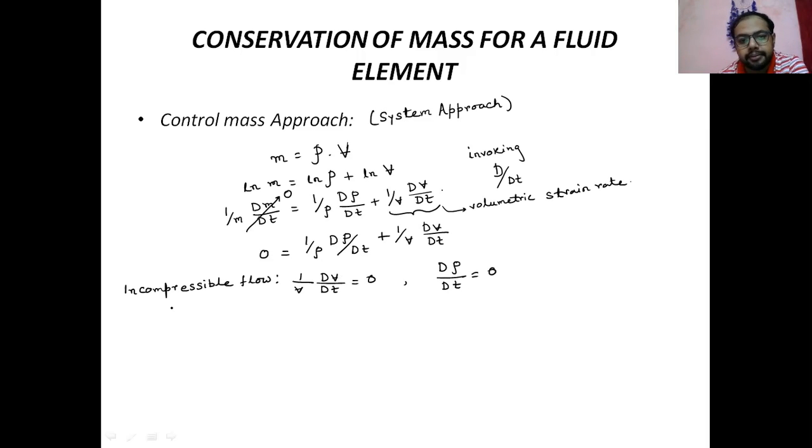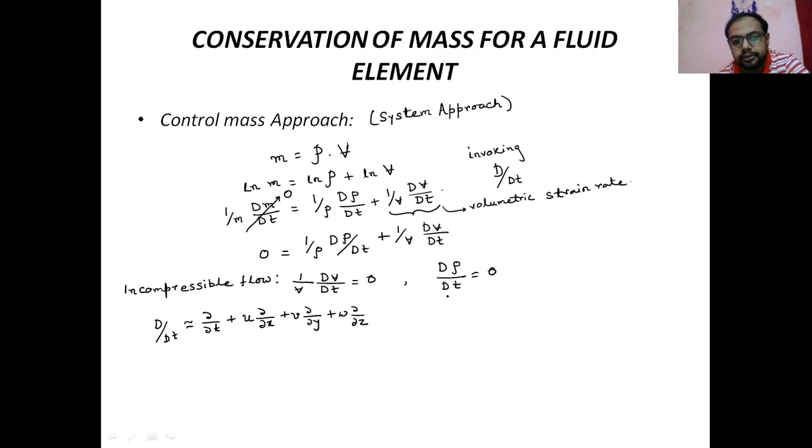What is the material derivative? If you remember from the last lecture, in Cartesian coordinates it is del by del t plus u del by del x plus v del by del y plus w del by del z. That is the actual case.